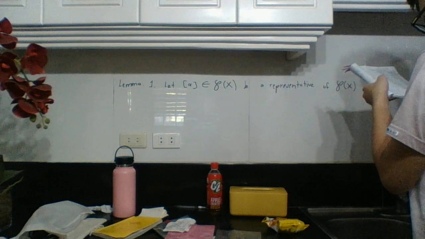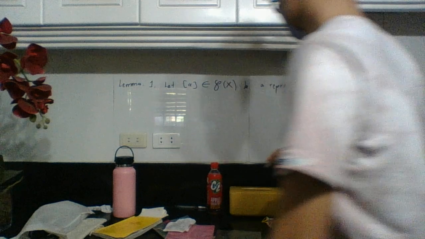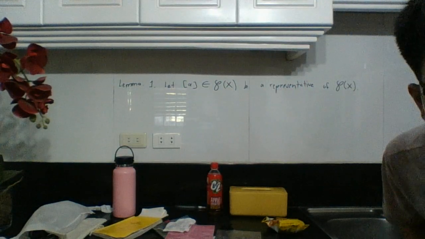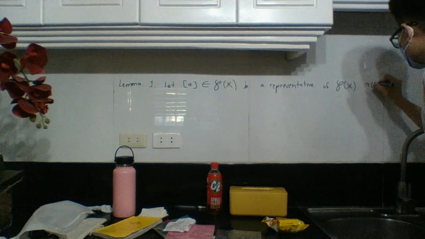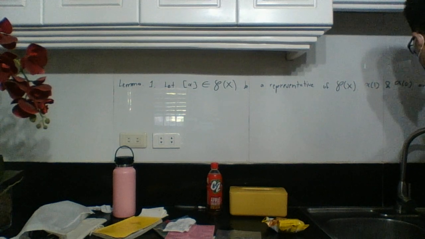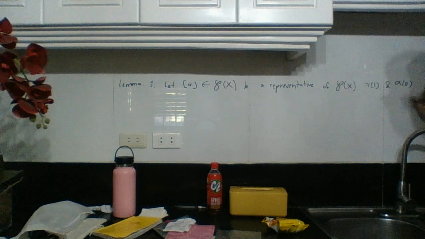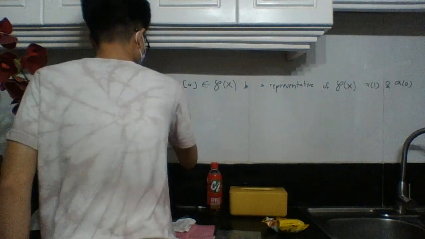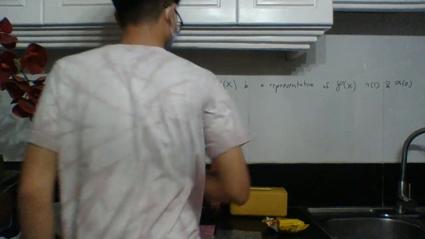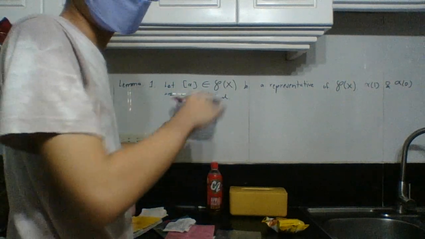So alpha of 1 and alpha of 0 are well defined. Now I'm not going to prove this lemma; I'm just going to leave it to you guys to prove.